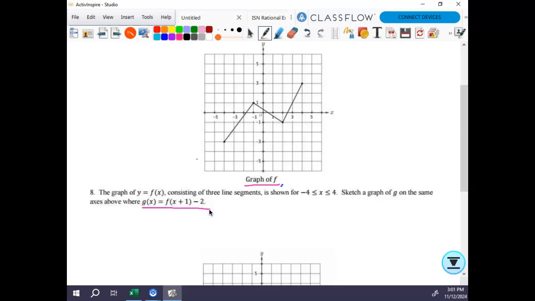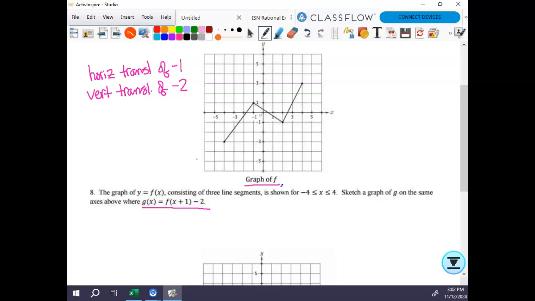Okay, so what's going to help you the most here is let's talk about what's happening here. We have a horizontal translation of negative 1, because we're going to the left, and a vertical translation of negative 2.